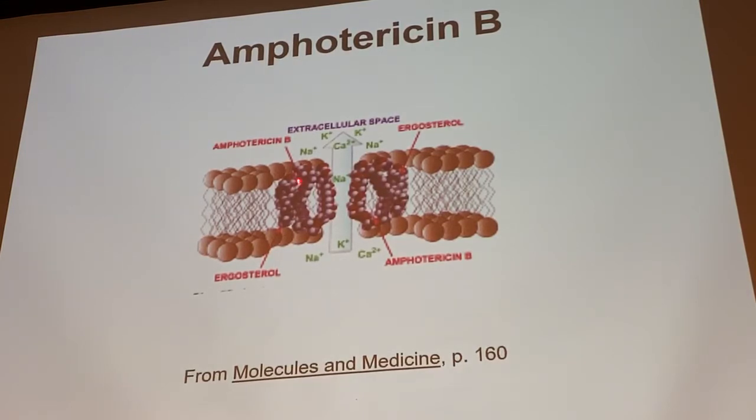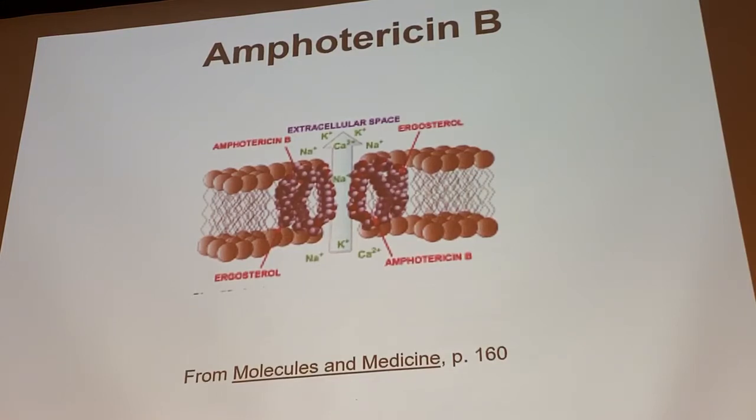And so this figure shows amphotericin B stacking with a molecule of ergosterol being held together by van der Waals forces because we have a nonpolar ergosterol molecule, and then we have the nonpolar face of the amphotericin B. Now, the polar face would have nothing to interact with except for the fact that two molecules of amphotericin B are going to insert into a cell membrane at a certain location, and that allows the two polar faces to hydrogen bond to each other.